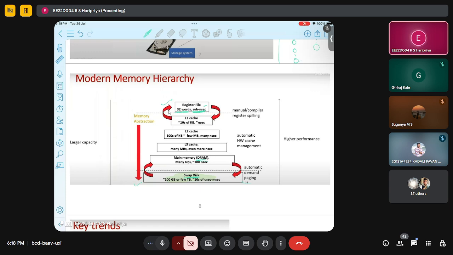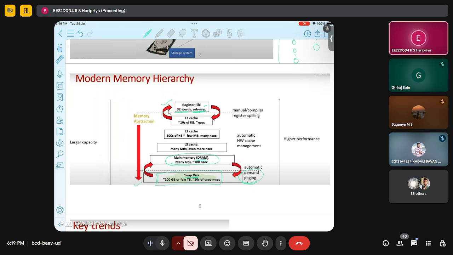Now here you see a term called demand paging. The swap disk gives some storage to the main memory. If the main memory is full, this storage is used, and this is done using demand paging.